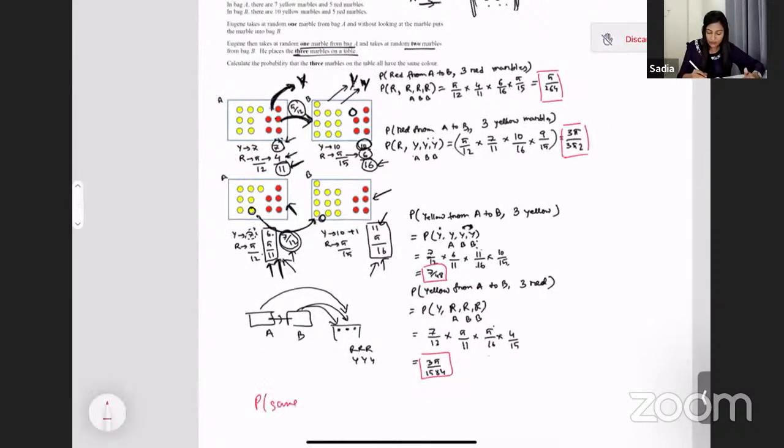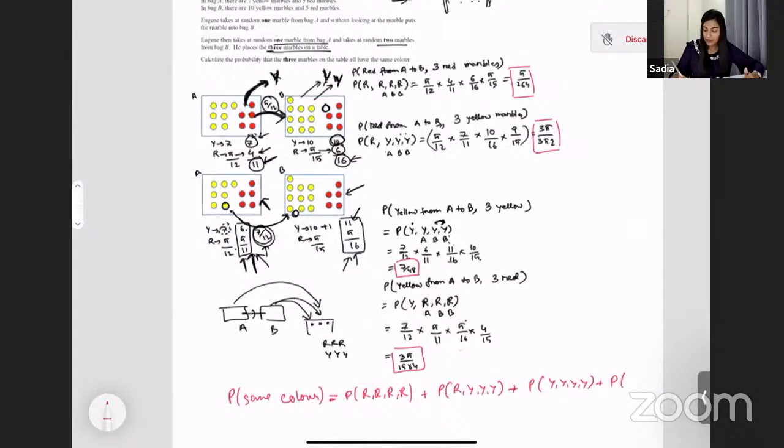So probability of same color will be the sum of all these values: red, red, red, red, then red, yellow, yellow, yellow, then all the yellow marbles, and then yellow, red, red, red. In all these 4 boxes, you need to add them up. So the final result should be 907/3168.